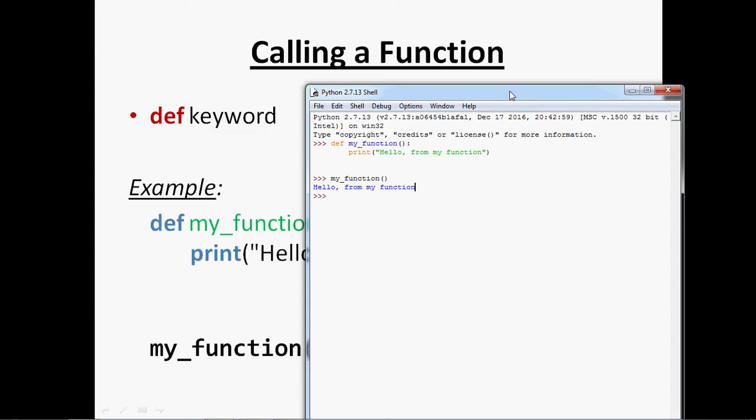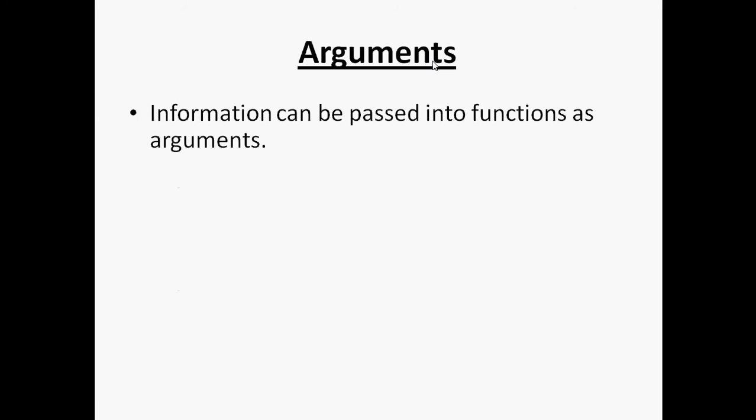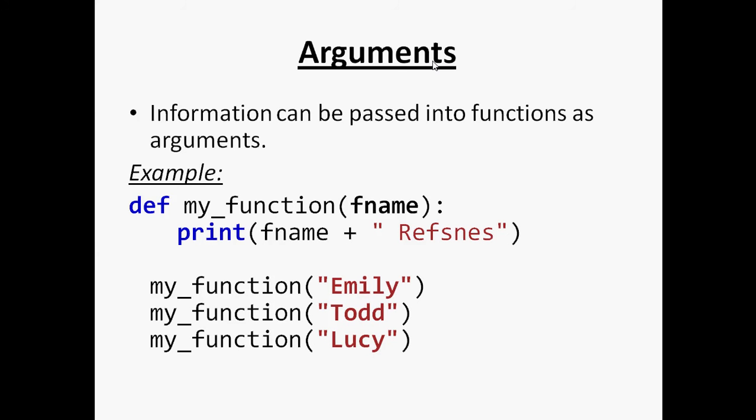Till now we have created the function and we have learned how to call a function. Functions can also have arguments. An argument is the information which can be passed into a function, or you can say the information can be passed into functions as arguments or function arguments. For example, here I have taken a function with the similar name my function, and within braces I have written fname.